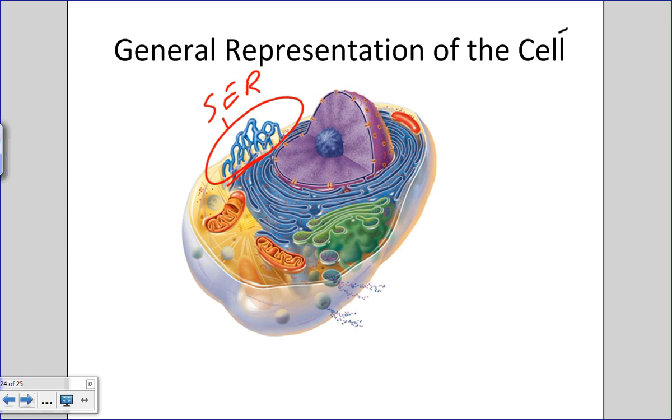It depends on what types of cells you're talking about. For example, liver cells have a lot of smooth ER, hepatocytes, because within the liver is where we tend to deactivate steroid hormones and drugs.